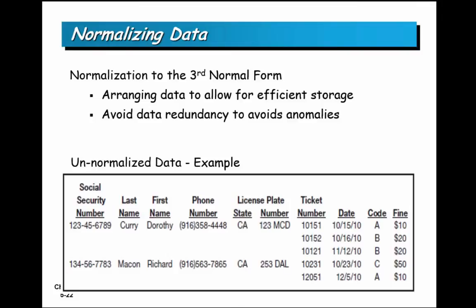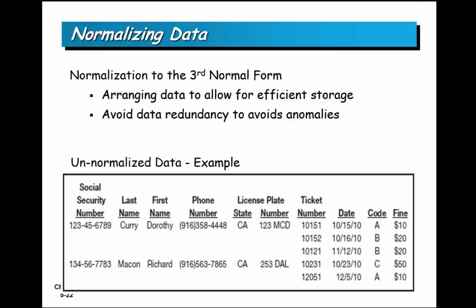The first rule we had, you can't have repeating fields. You can't have the same information occur multiple times. So in this case, Dorothy Curry has 3 parking tickets. I assume they're parking tickets. Richard Macon has 2 parking tickets. This is totally not normalized. You can't even start to think about how to build a table like this.